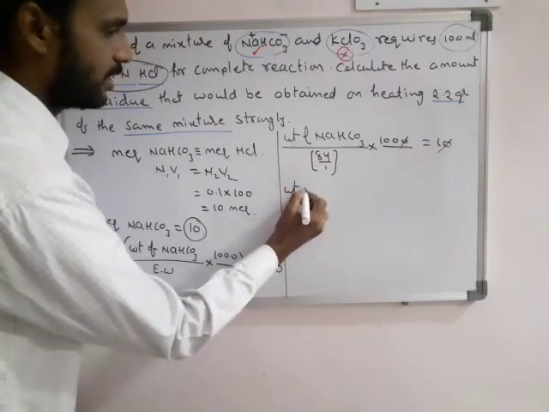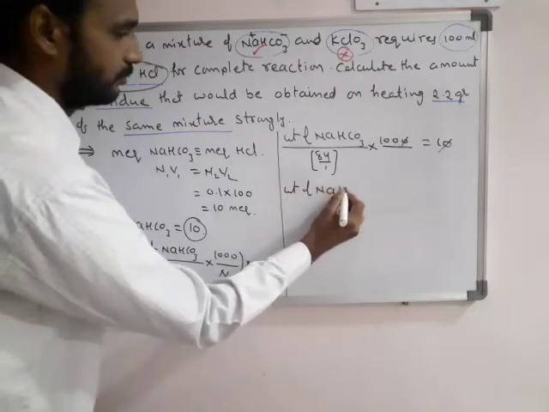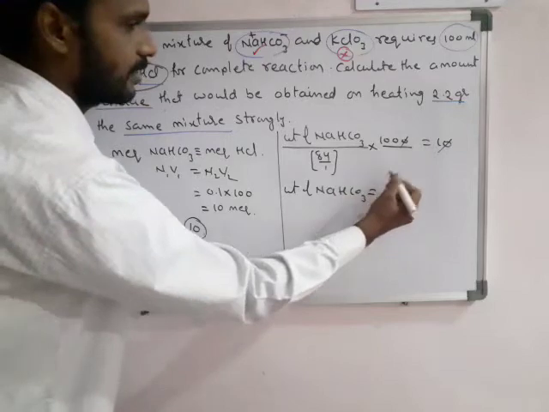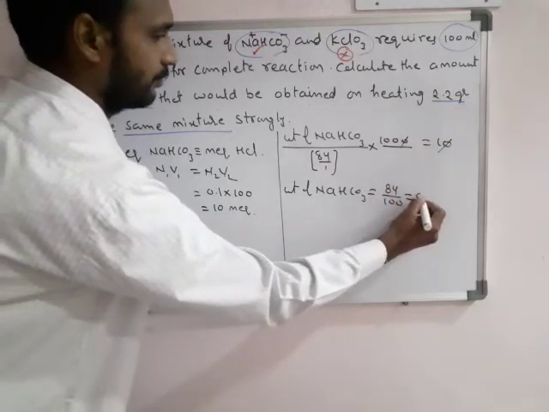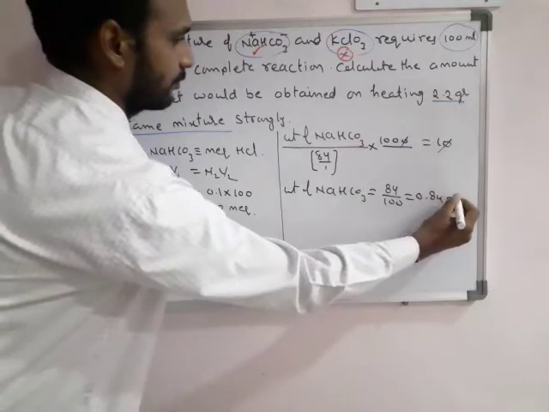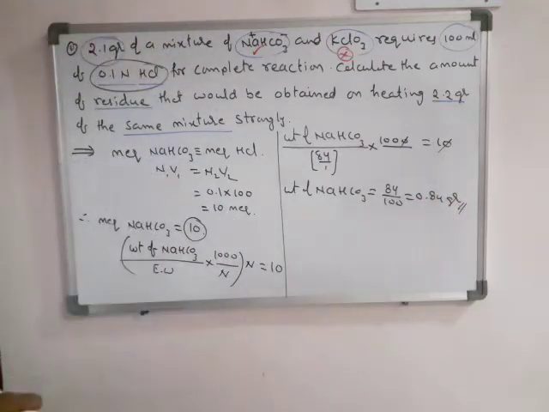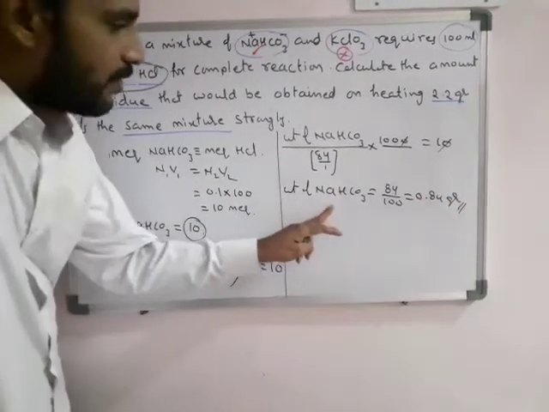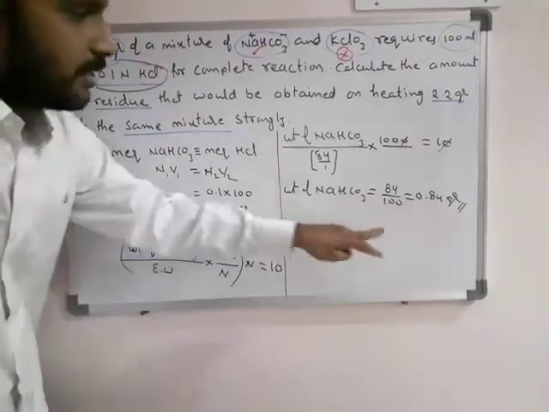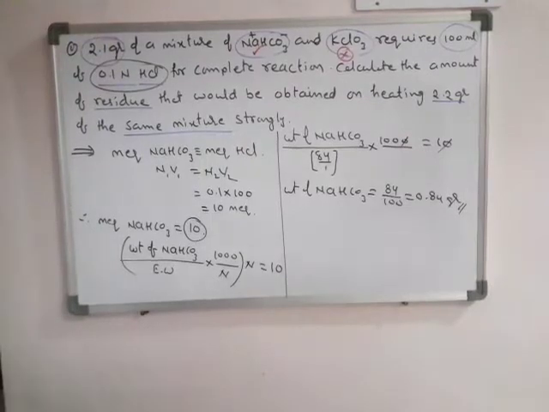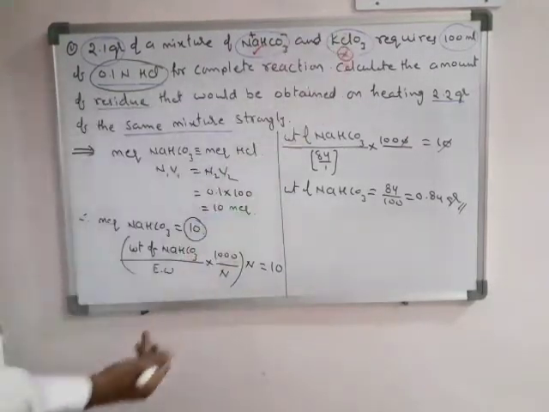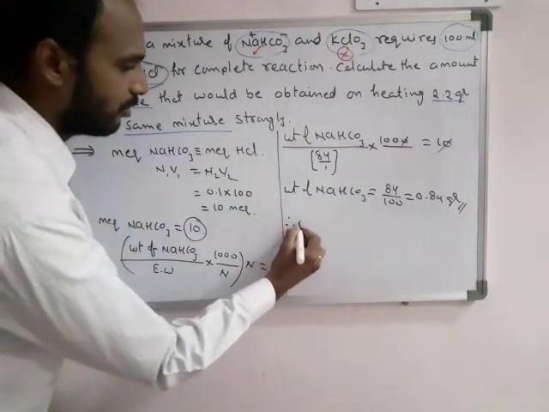And finally here we get the weight of NaHCO3 is equal to 0.84 grams. Now the weight of NaHCO3 in 2.1 gram is 0.84 grams. So the remaining weight is KClO3.